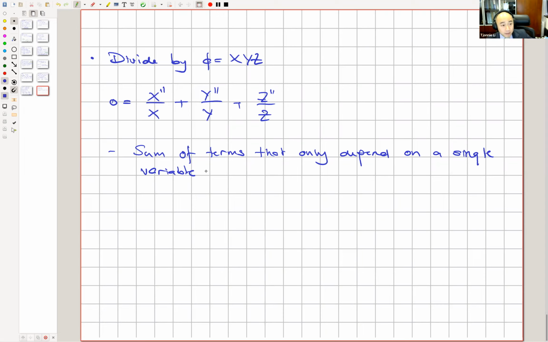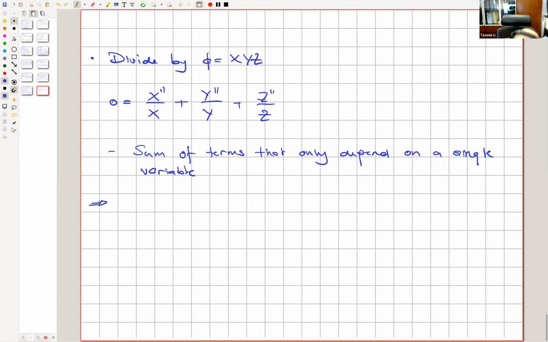So the X prime prime over X depends only on x. The Y prime prime divided by Y only depends on y. And then the Z prime prime divided by Z only depends on z. Okay. And so this makes our lives much easier. Okay. Now, why does this make our life easy?